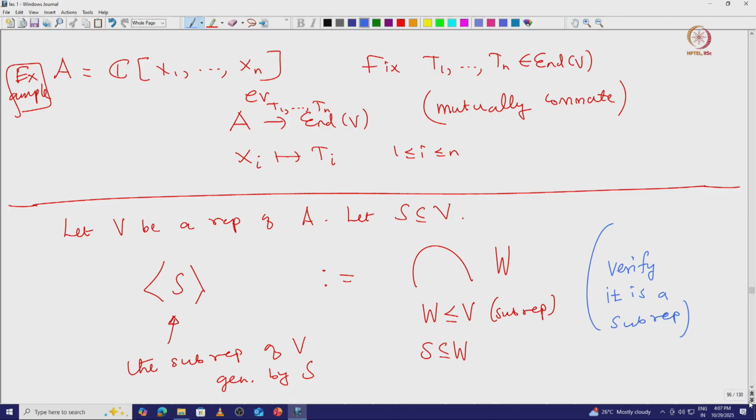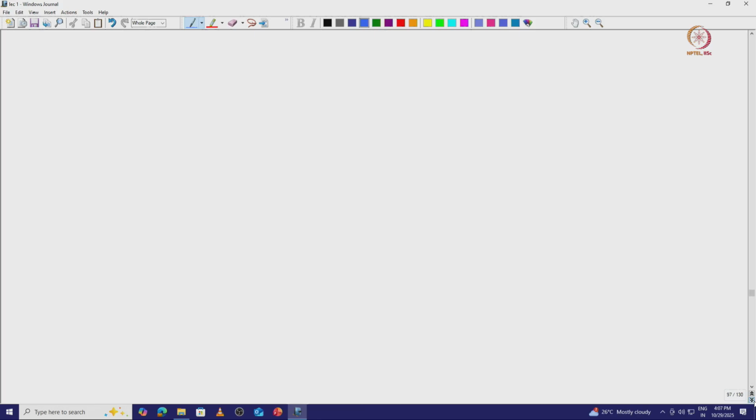Now, how can one interpret this in terms of the action of capital A? Let us see an example. Let us start with S being just a single vector v. Then the subrepresentation generated by v is just the intersection of all possible subrepresentations containing v. In particular, it should have all elements av, a in A. And if you think about it, the right hand side set of all possible av, a in A, is going to be a subrepresentation.